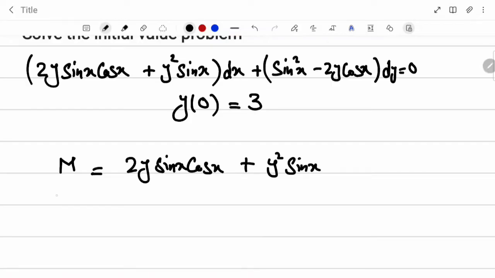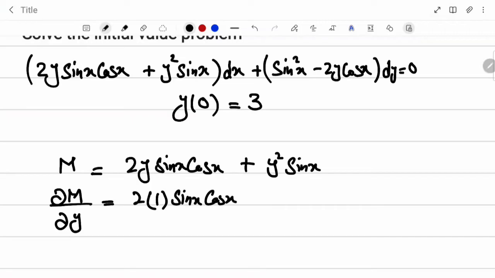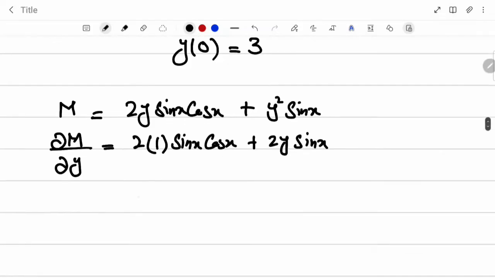Now take the partial of M with respect to y. So 2 remains there, the derivative of y is 1, sin x cos x, plus 2y sin x. So we have 2 sin x cos x plus 2y sin x.